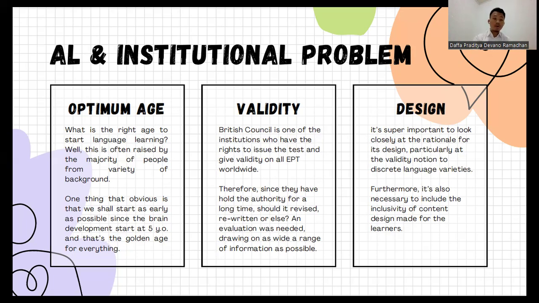But one thing is obvious, that we shall start as early as possible, since the brain development starts at 5 years old, and that's the golden age for everything.